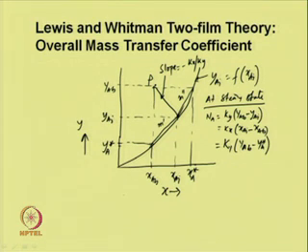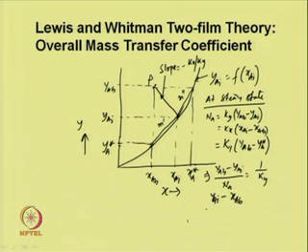So, from this we can write y A B minus y A I by N A is equal to 1 by k y, x A I minus x A B by N A is equal to 1 by k x.